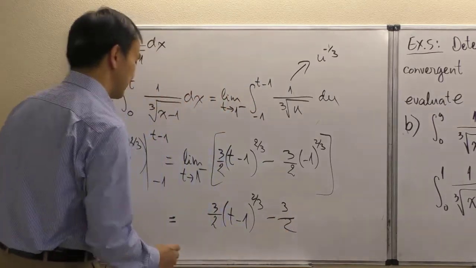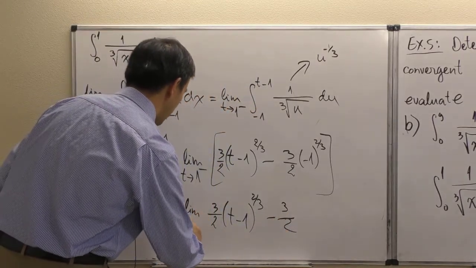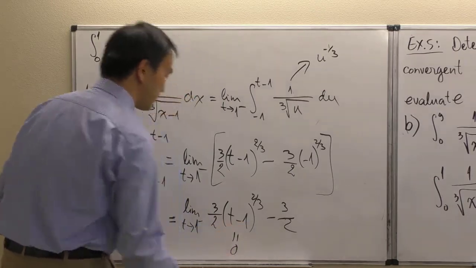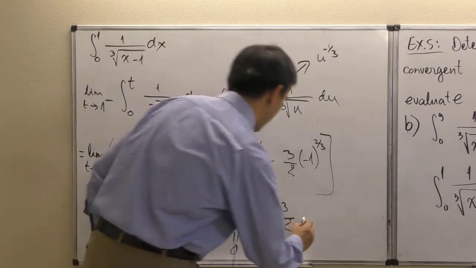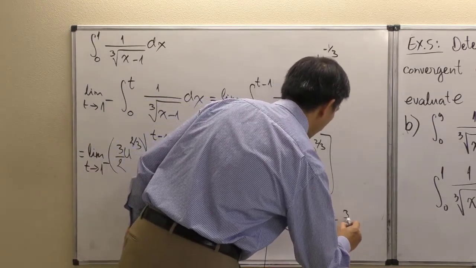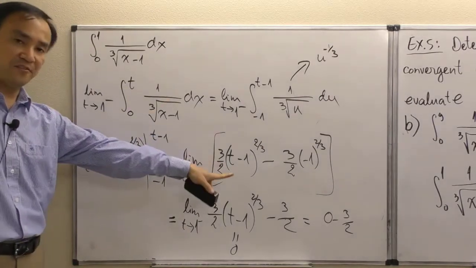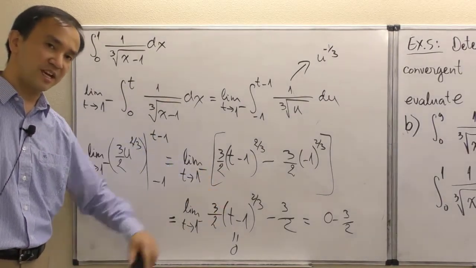Taking the limit as t gets closer to 1 from the left-hand side, the first term goes to 0. So we are left with 0 minus 3/2. It turns out this limit is finite and exists, being negative 3/2.